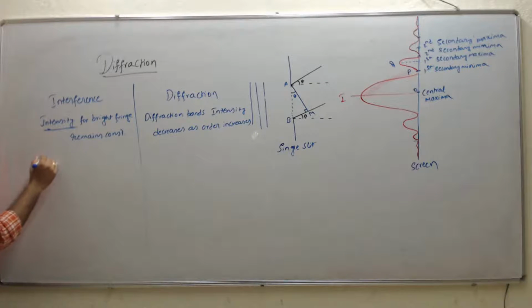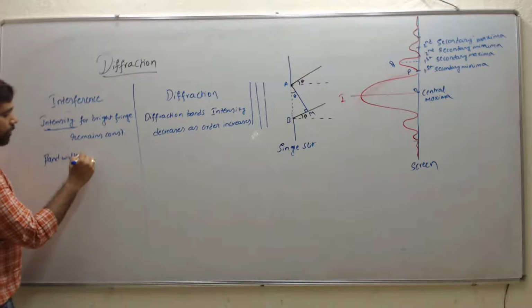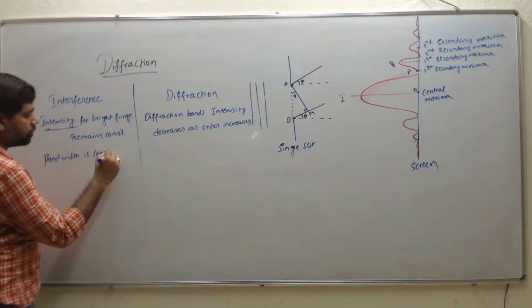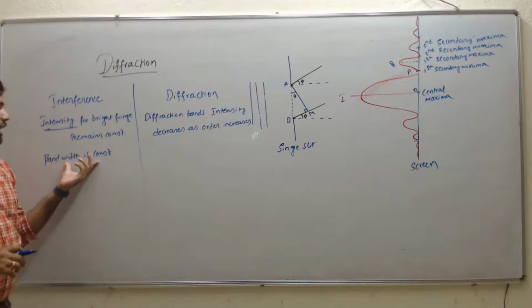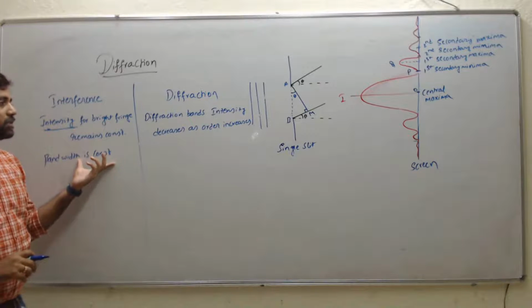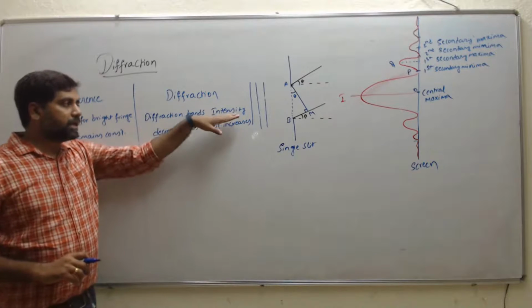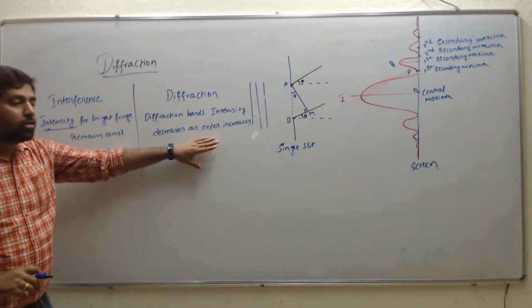Next, bandwidth or fringe width. Bandwidth is constant, so each band has a constant width. Here the diffraction bands go on decreasing.